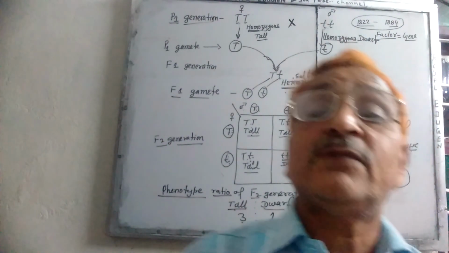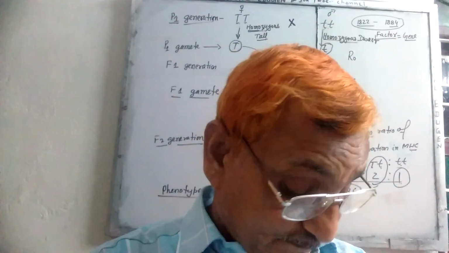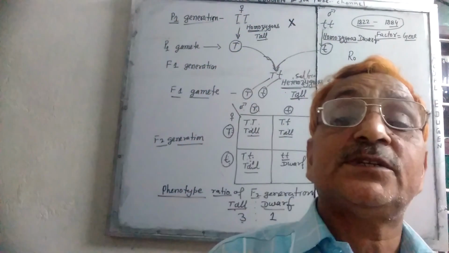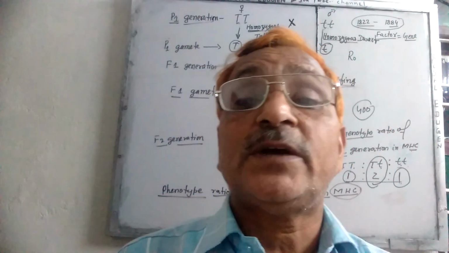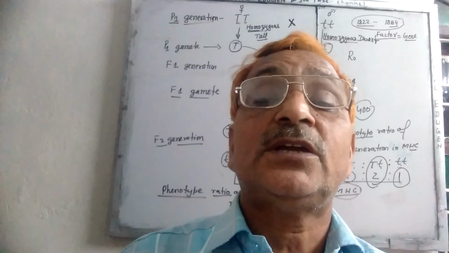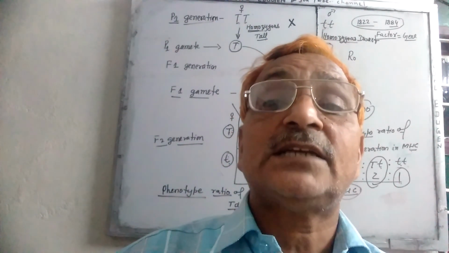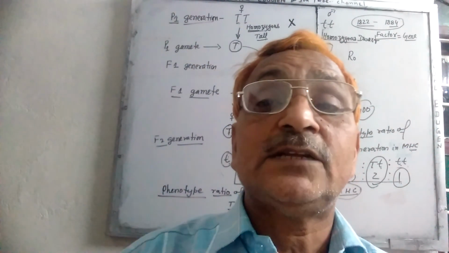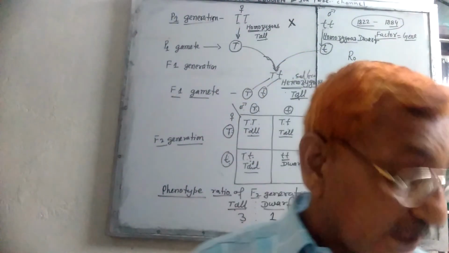In respiration, we have aerobic and anaerobic forms of respiration. You will revise this easily. You should know the route of aerobic and anaerobic respiration: how glucose is converted into pyruvic acid, then aerobically into carbon dioxide and water, and anaerobically into lactic acid or ethyl alcohol and carbon dioxide. A high amount of energy is produced aerobically.